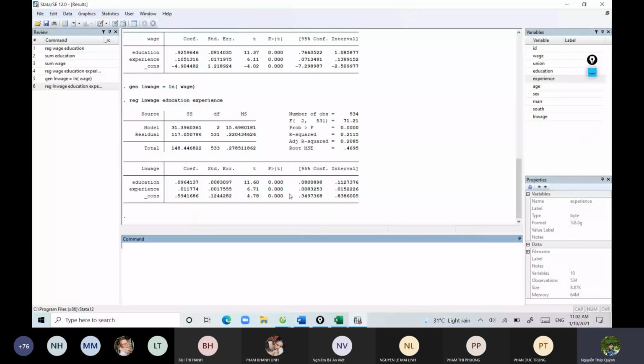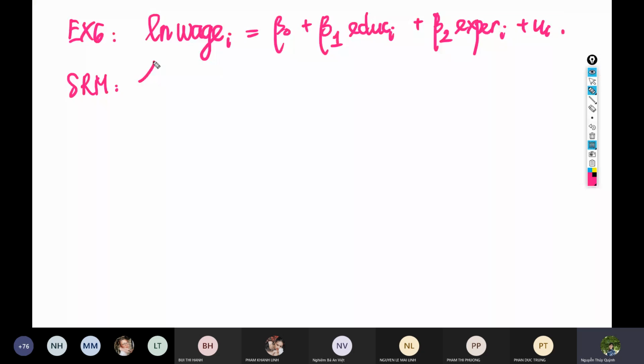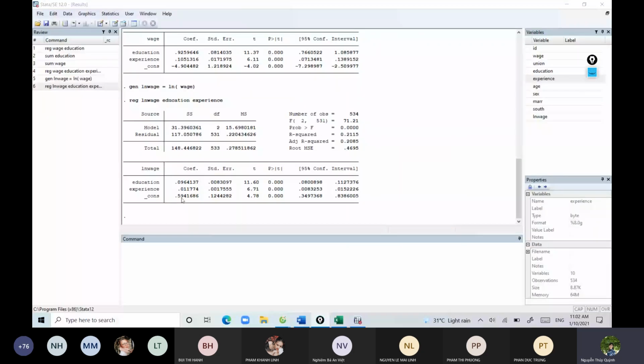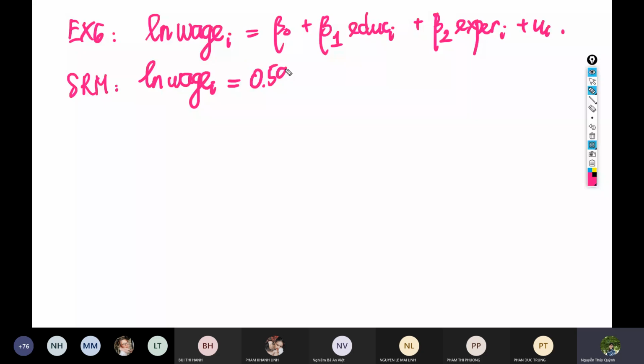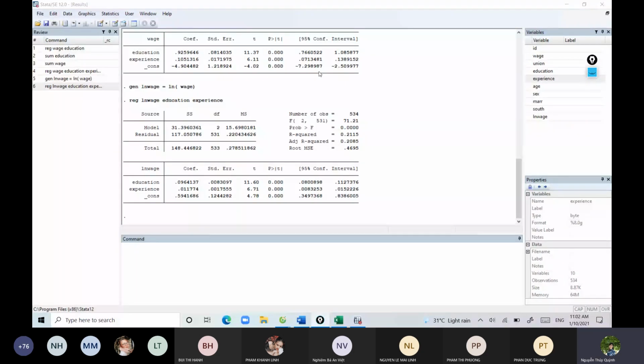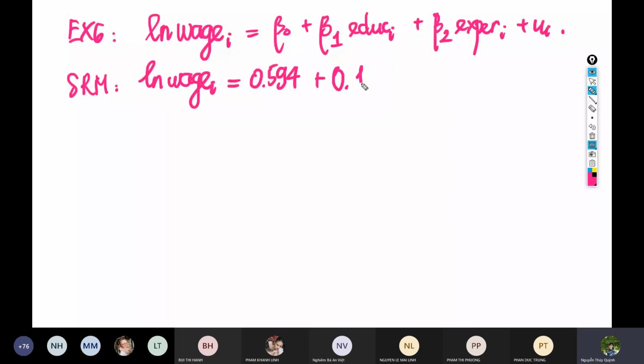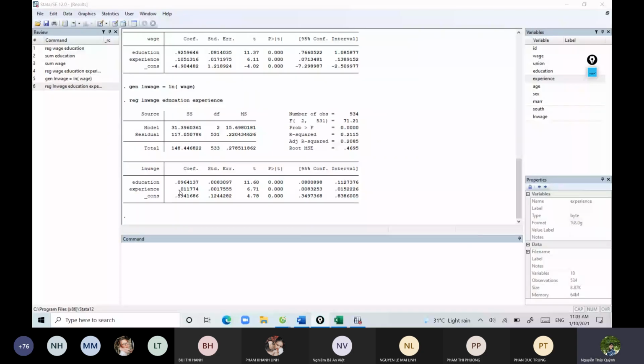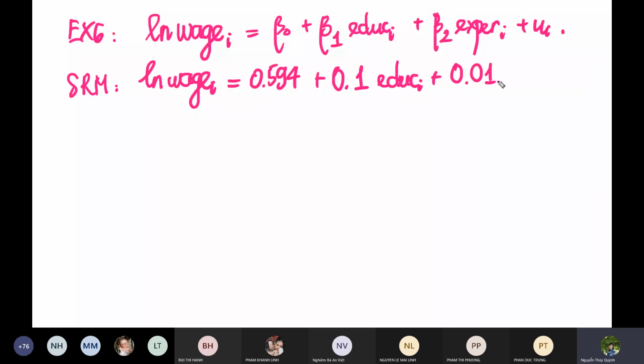We have log wage equal to 0.954594, plus 0.1 times education, plus 0.01 times experience, plus u_i hat.